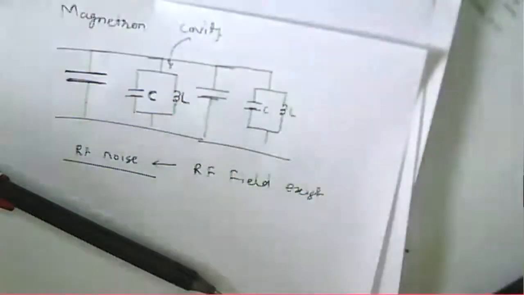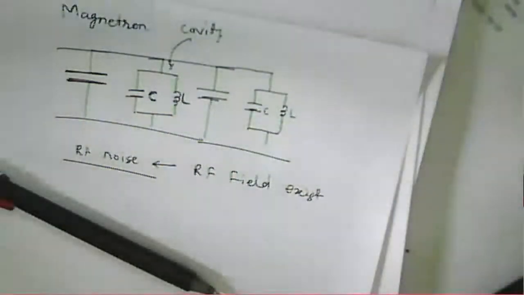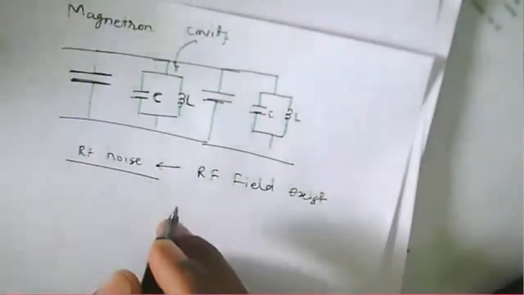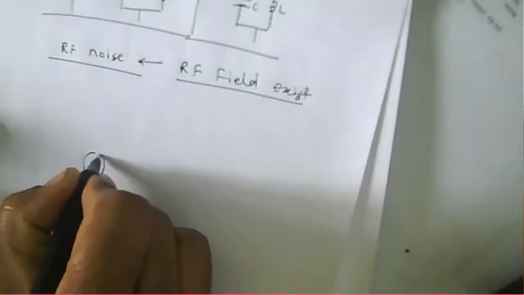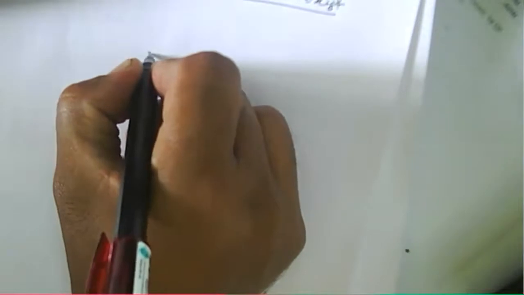Now, this is about your RF noise, so we can say that an RF field exists. RF field exists means we have a cathode there, and we have a cavity.